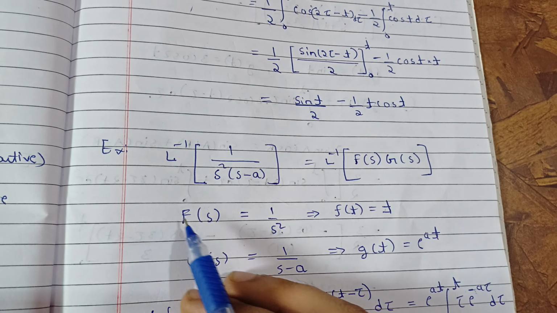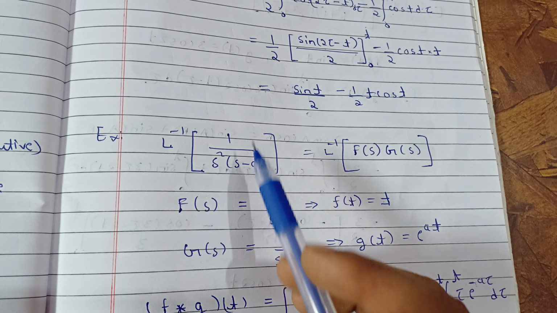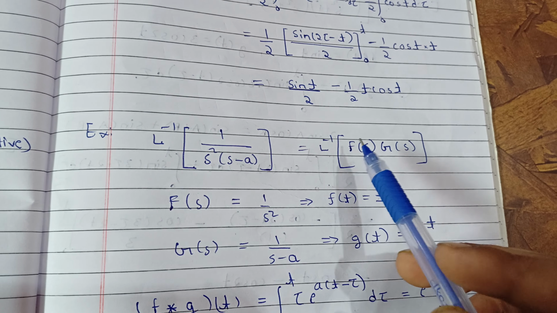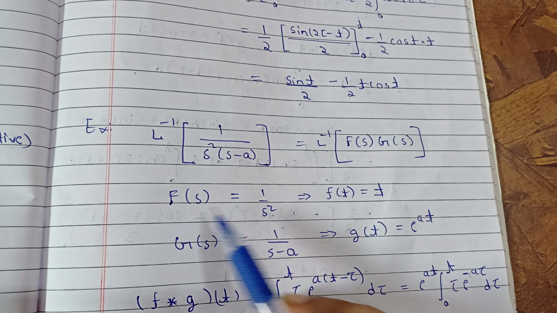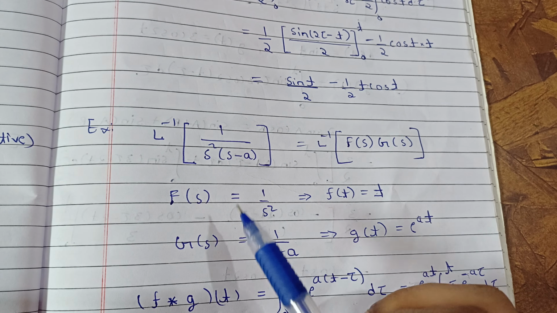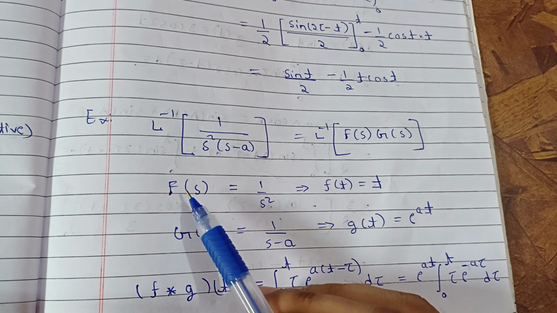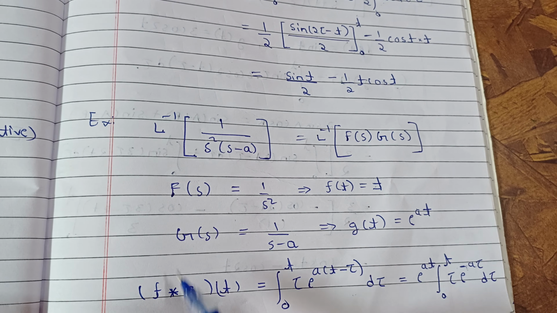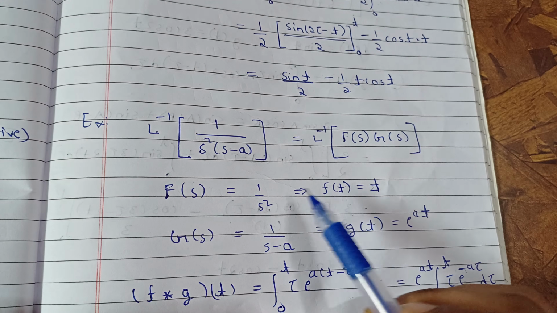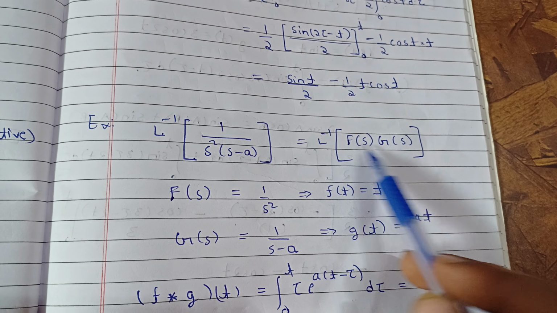Let's see one more example. 1 upon s square times (s minus a). So we can also write this as F(s) G(s). So F(s) is 1 upon s square, and G(s) is 1 upon s minus a, and this is the product. So just find the inverse of each separately: that is t, and separately for this it is e to the power at. And now the convolution of f and g will give you the inverse.